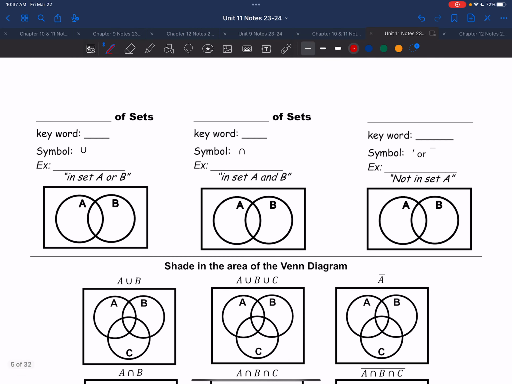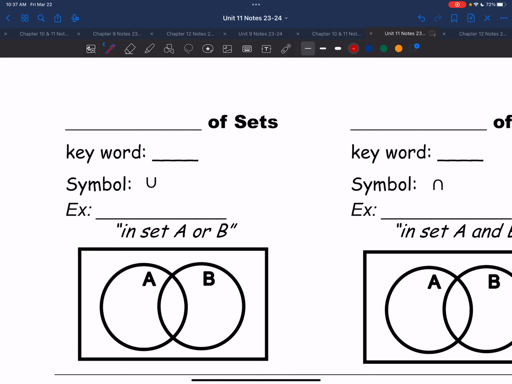All right, so you saw in that last question it was talking about P and Q. We're going to be looking at here a couple different versions of that, all right? So the first one is called the union of sets. And the key word when you're looking at this, a lot of times you're going to see a problem that expresses the question in words.